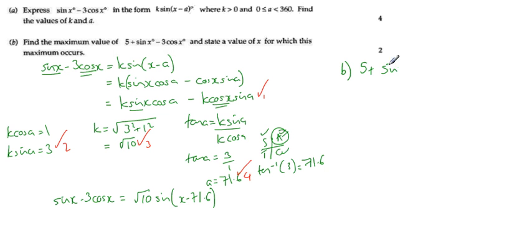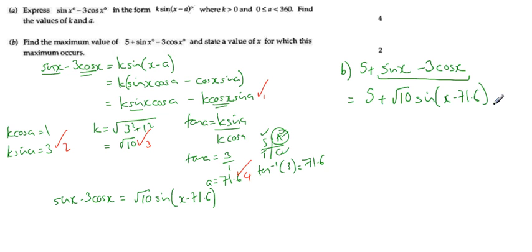you want to know the maximum value of 5 plus sin x minus 3 cos x. Now this here is what we've changed in part A to your wave function. So really what this means is 5 plus root 10 sin(x minus 71.6). Now you're looking for the maximum value.